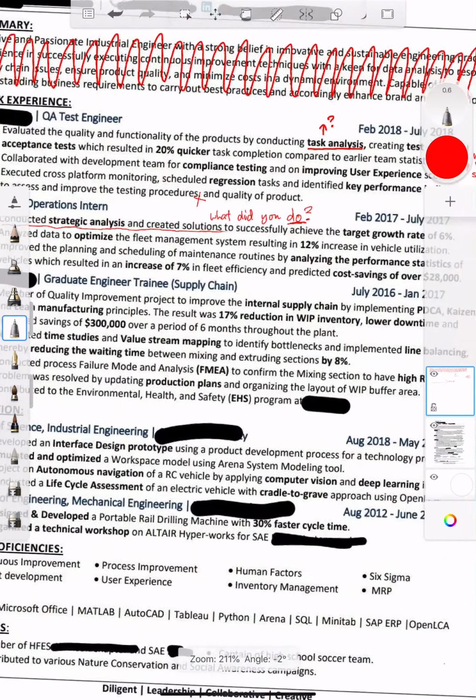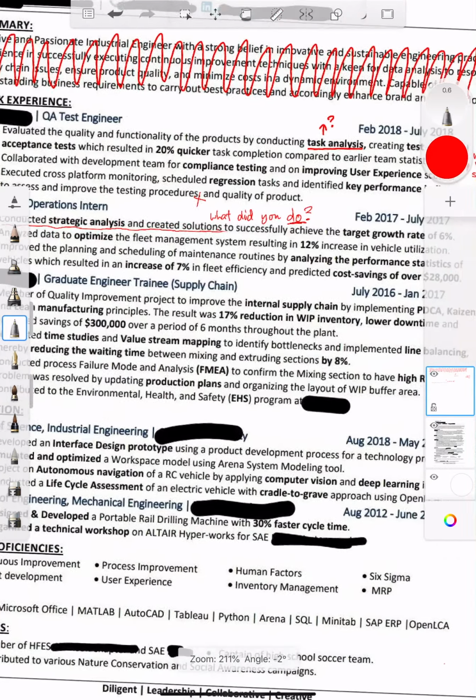It's like saying I did stuff and I achieved the target growth rate of 6%. I'm going to write how as well. Analyze data to optimize the fleet management system. What data? Number one. Whoop.